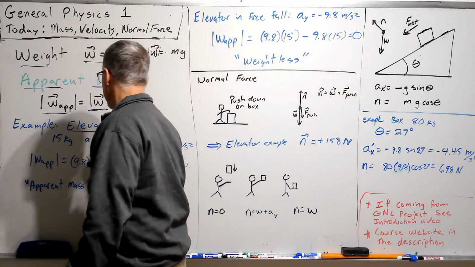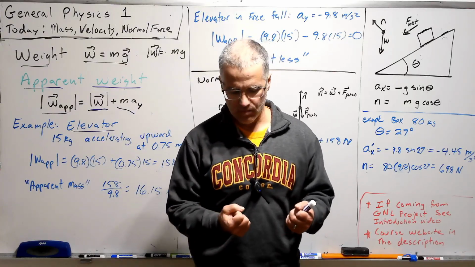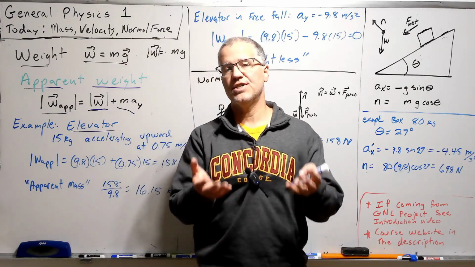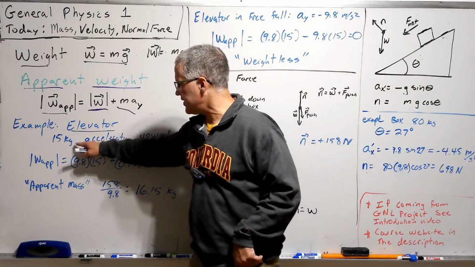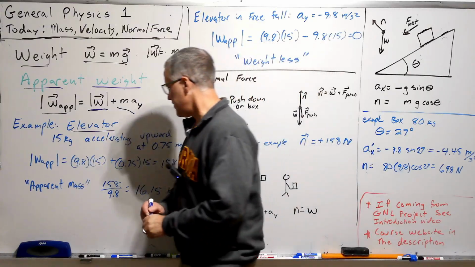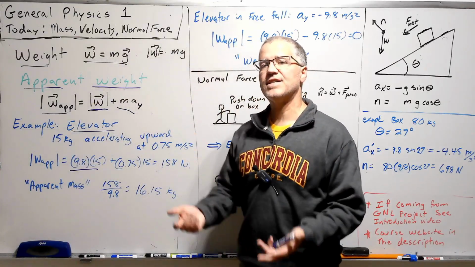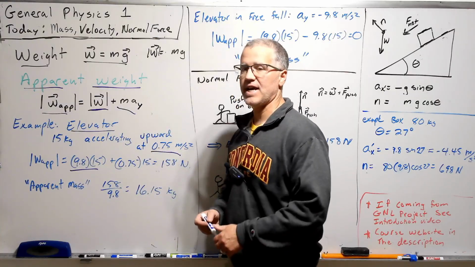So let's put this in an example. Let's say we've got an elevator and we're holding on to this 15 kilogram weight, or it's on the floor, whatever. We have to provide a normal force that is equal to the weight of this 15 kilogram object. So 9.8 times 15. So this is the weight right here. Now, let's say the elevator starts to accelerate upward at 0.75 meters per second squared.